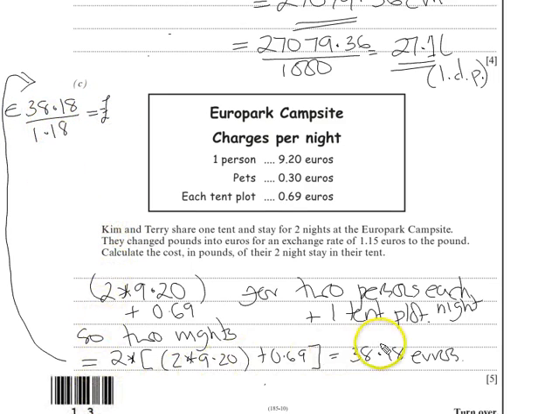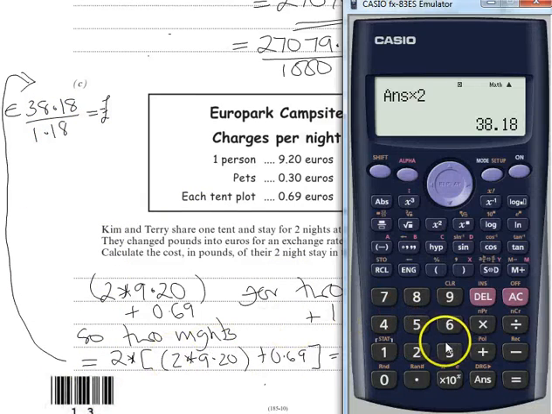So 38.18 divided by 1.18. Let's do that then. 38.18, right, divided by 1.18. Okay, there we go. Here's our conversion. It's 32.355.